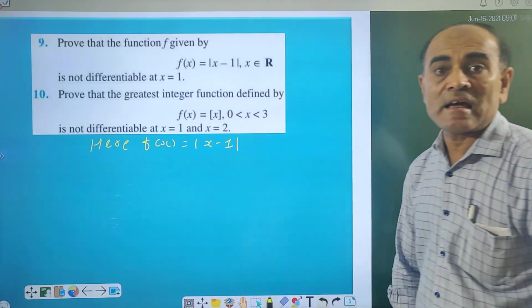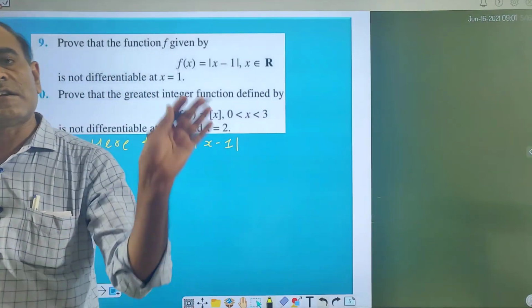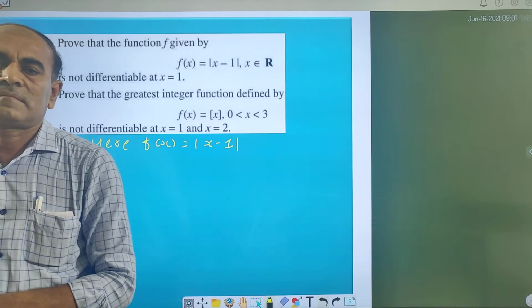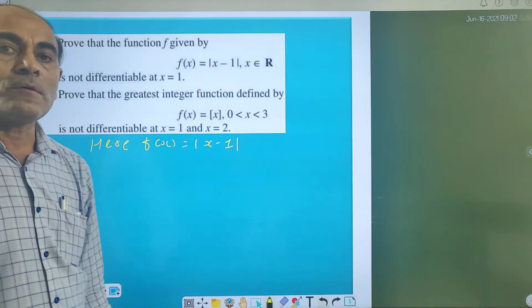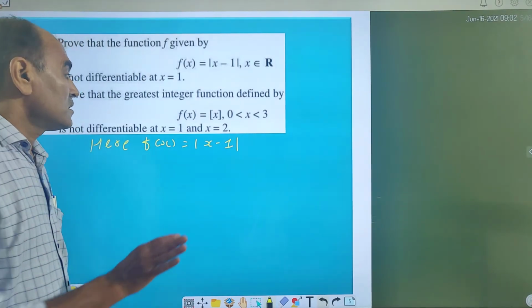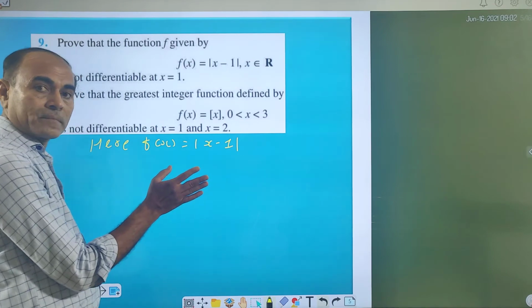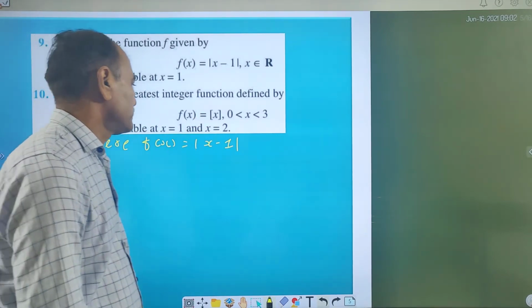We already saw in the last lecture, f(x) is equal to magnitude of x minus 1 is continuous everywhere. Here we are going to see that this function is continuous at x is equal to 1 but not differentiable at x is equal to 1. Let us see that part.